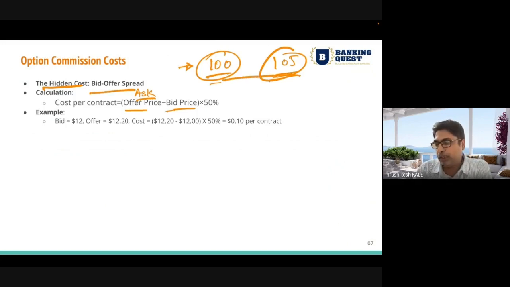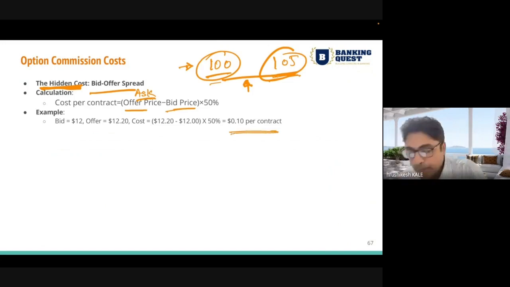We already did this. If the difference in the bid ask spread is high, that is again a cost to us, and that is a hidden cost. You need to calculate that hidden cost also, when there is a lot of difference between bid and ask spread.